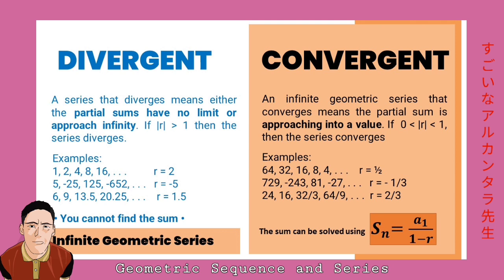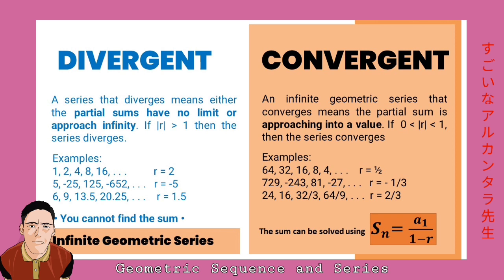So here is what I want you guys to understand. In the first examples that we had in this part of the lesson, we have a certain number of terms being mentioned. There is a limit. There is an ending to what we wish to measure. But in this case, for a convergent infinite geometric series, there is still no ending, but there is an approaching that is being done, a value that's being approached.